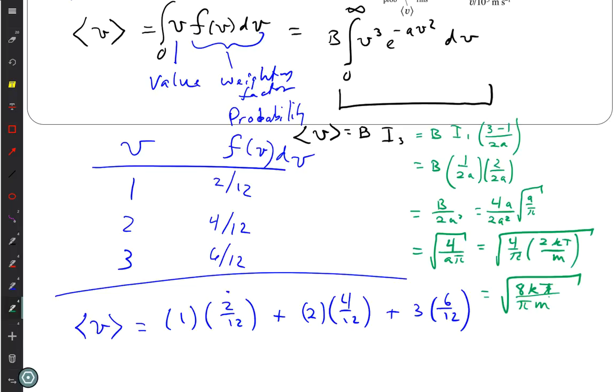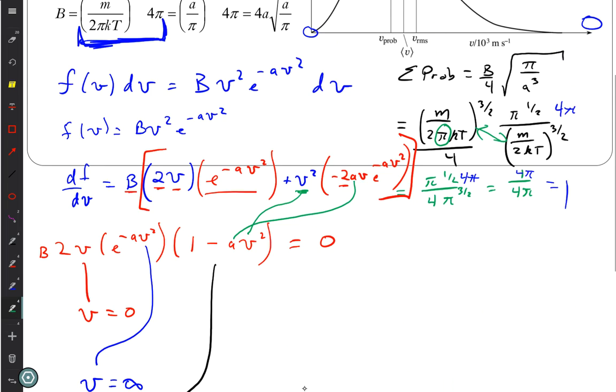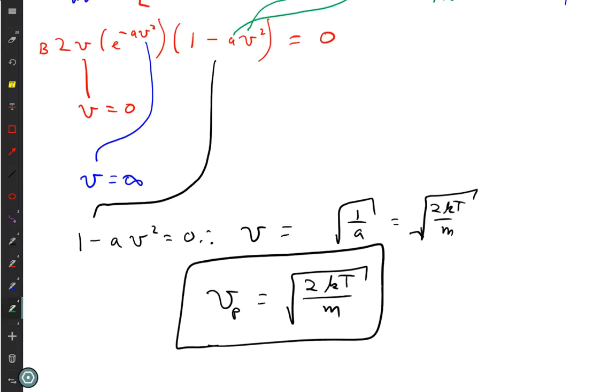That's the average speed. Now, the way I showed it in class yesterday, I took that square root of 8 over pi, and if we compare that to what we had, here we had square root of 2KT over M. So that would be 4 over pi times 2KT over M inside the square root.